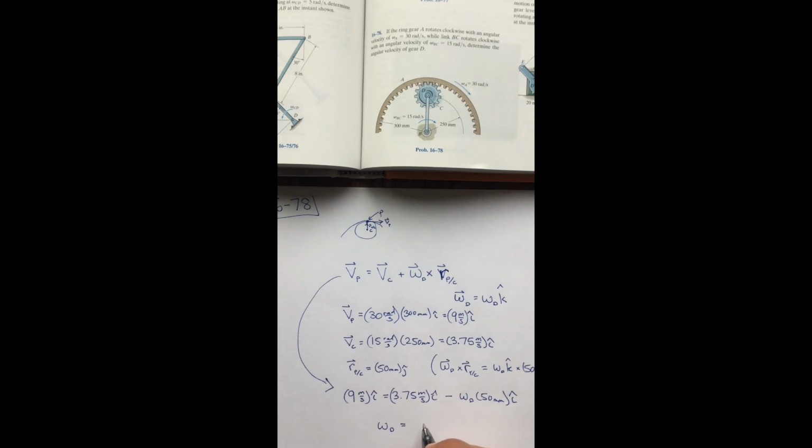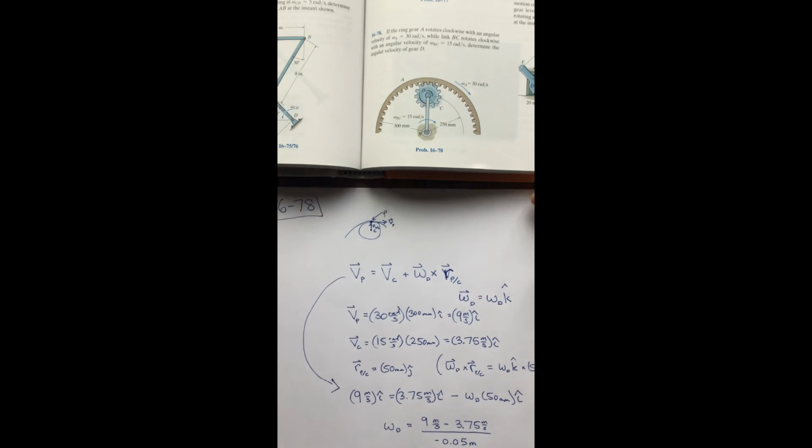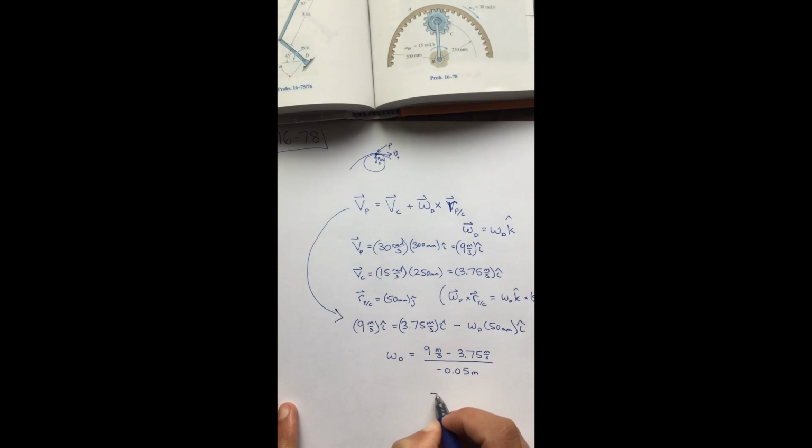becomes, I can bring the 3.75 over to the other side, and that's 9 meters per second minus 3.75 meters per second divided by negative, let's change this to meters, so that's 0.05 meters, and I get omega D is equal to negative 105 radians per second.